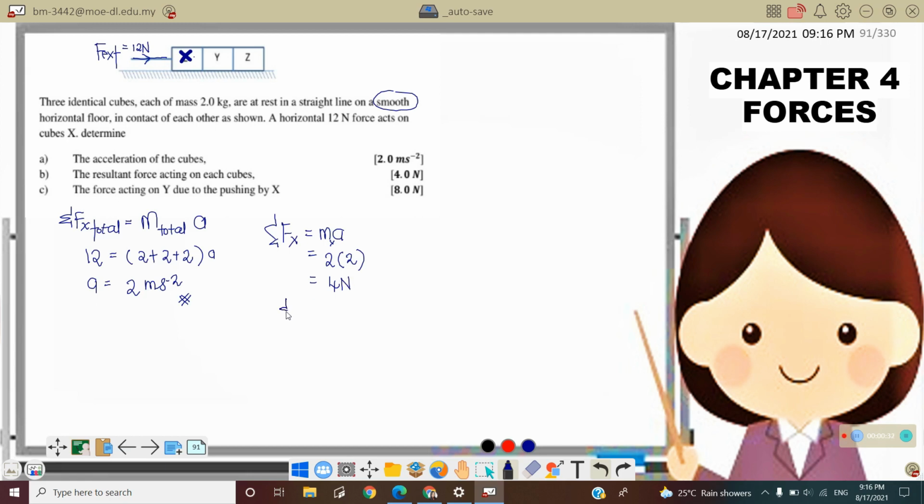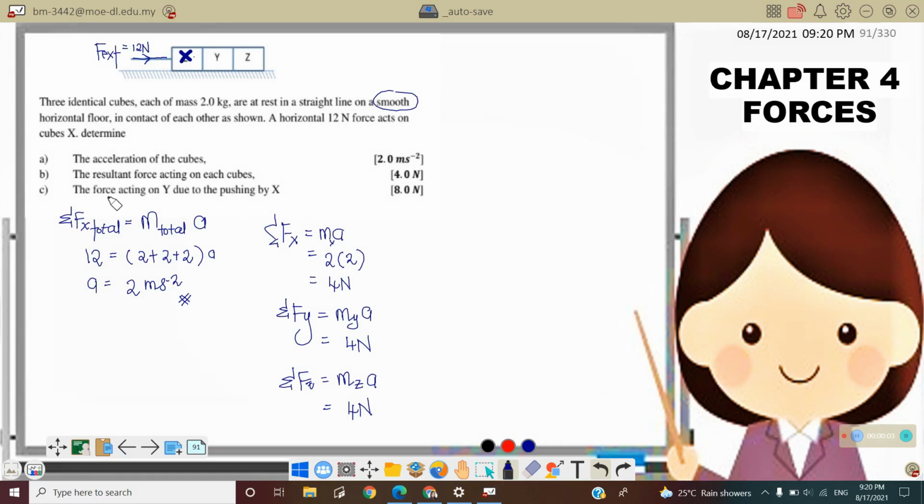Similarly for Y, F equals ma, and again we will get 4 Newton as well. Similarly for our Z cube, where m is also 2 kg and the acceleration also equals 2. So we will get the force acting on each cube as 4 Newton.